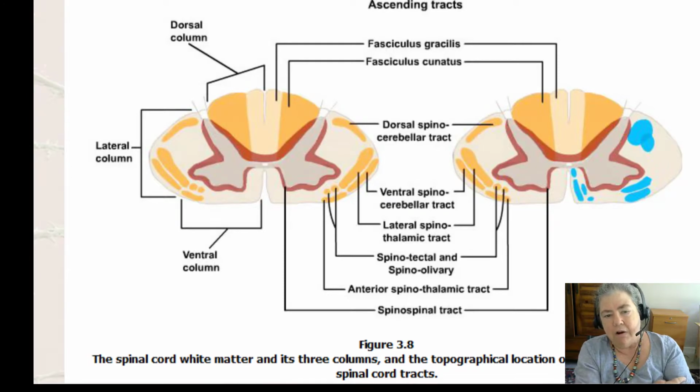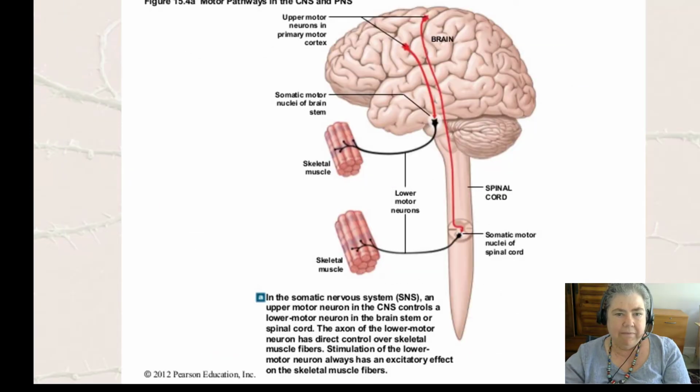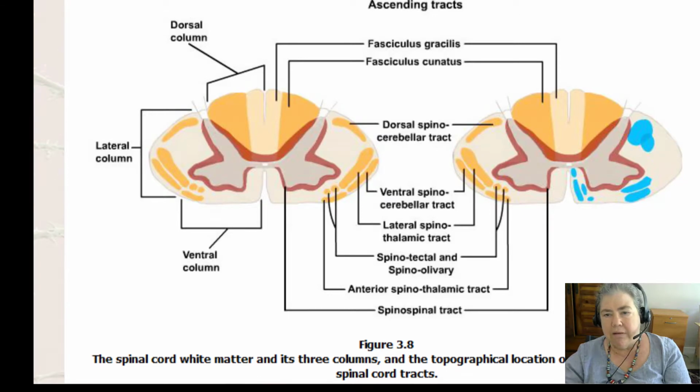Again, not gray matter, but white matter, and that white matter is organized into columns. There are little groups of cell bodies called nuclei, and there are these organizations of sensory and motor tracts, but these are all the ascending tracts.